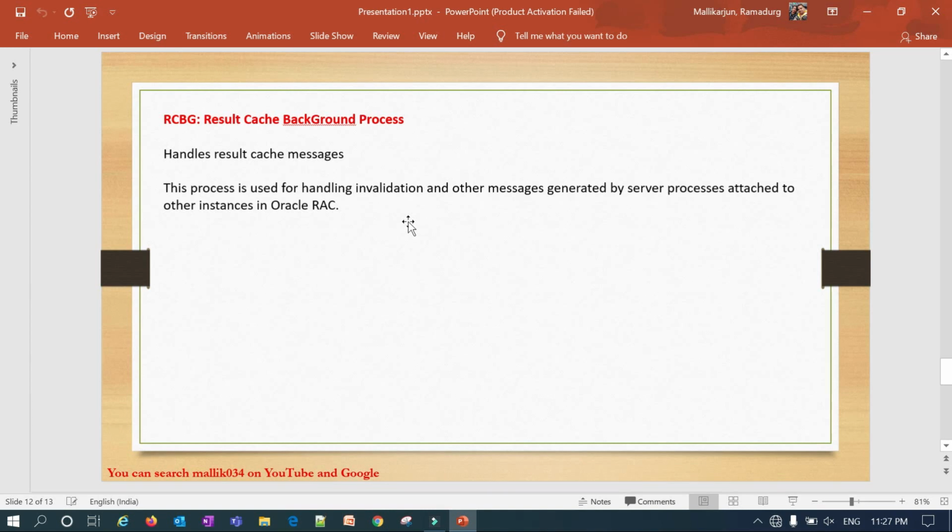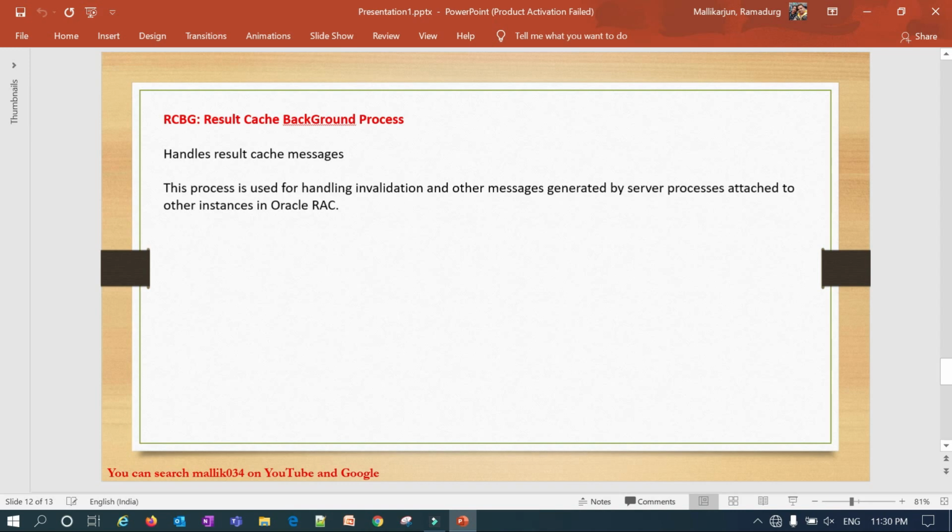Whenever a message is generated by the server process, it is managed by RCBG. This process handles invalidation and other messages generated by the server processes of the other instances. So RCBG handles the result cache messages.